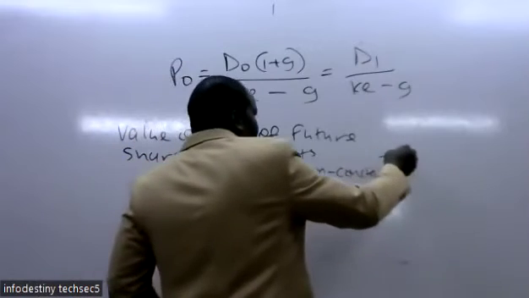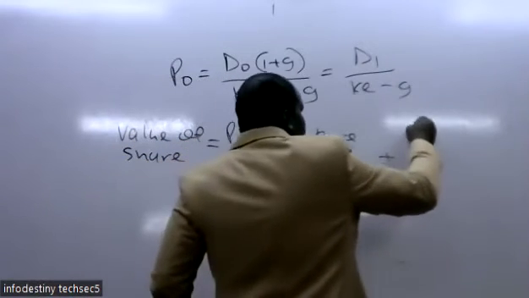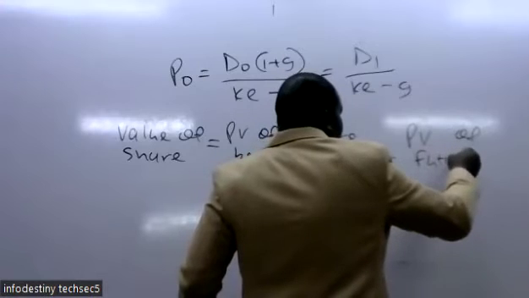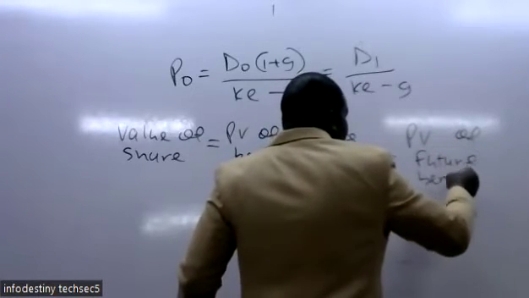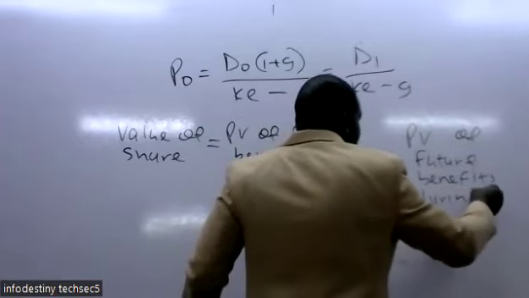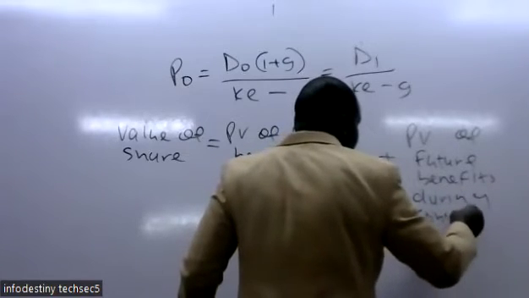Then we add the present value of the future benefits during the constant period.